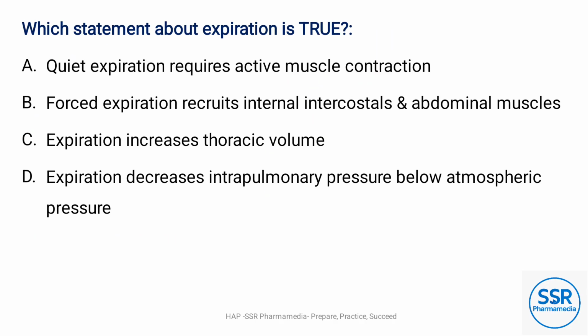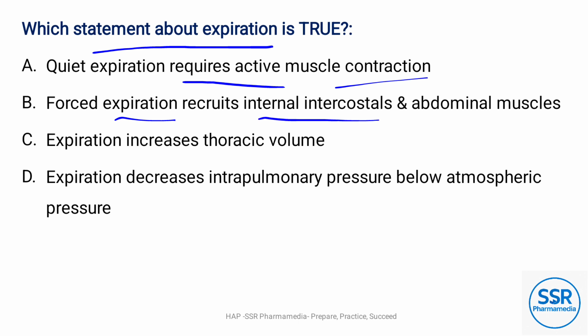Next, which statement about expiration is true? Option A, quiet respiration requires active muscle contraction. Option B, forced expiration recruits internal intercostal and abdominal muscles. Option C, expiration increases thoracic volume. Option D, expiration decreases intrapulmonary pressure below atmospheric pressure.